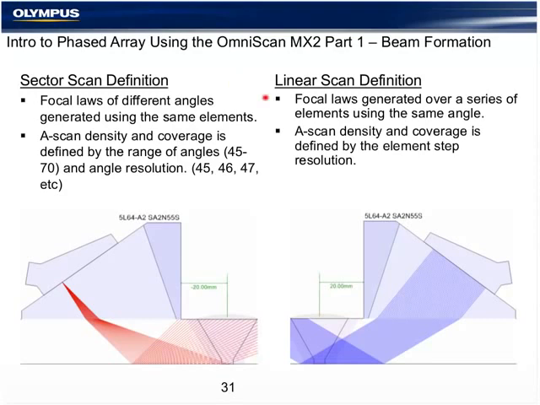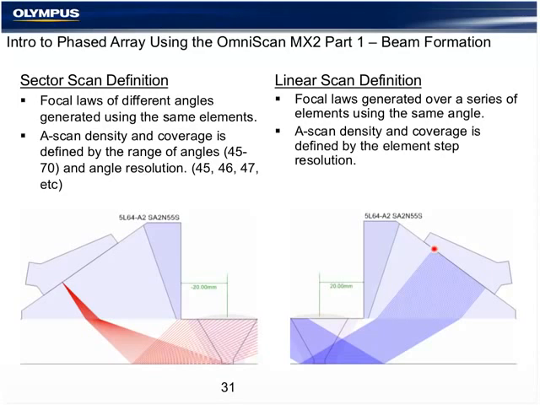The linear scan is going to take the same angle. In this case, I think it's about a 50-degree angle, and it's going to step that 50-degree angle through the entire probe: elements 1 through 16 for focal law 1, elements 49 through 64 for the last focal law.